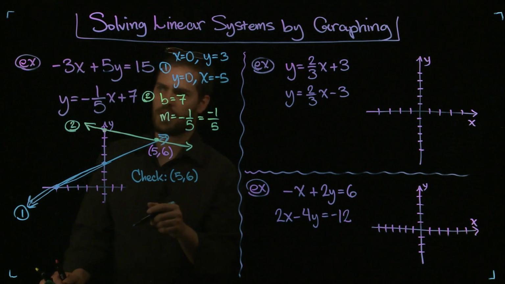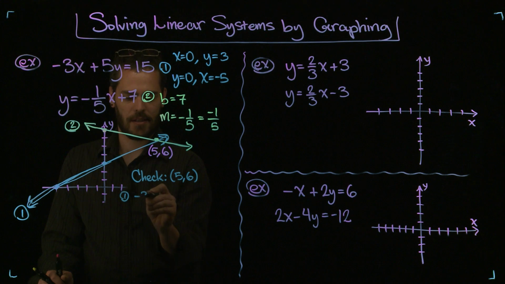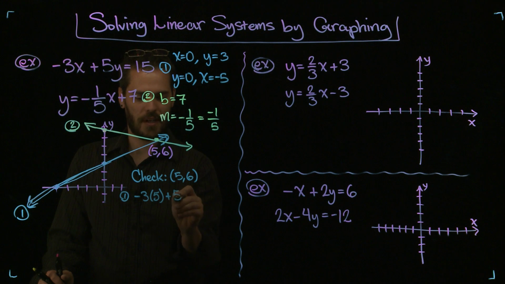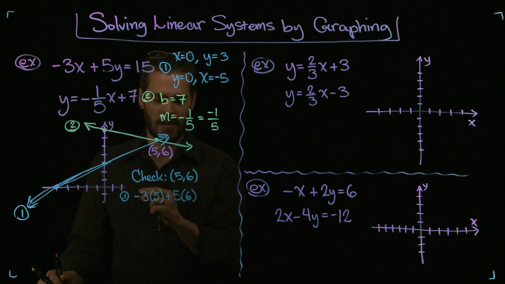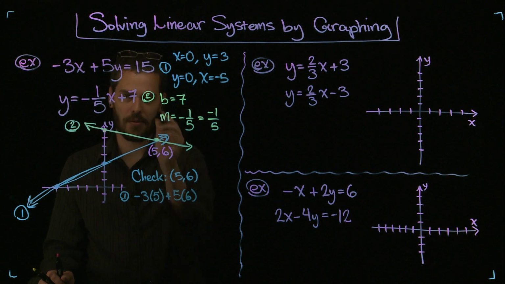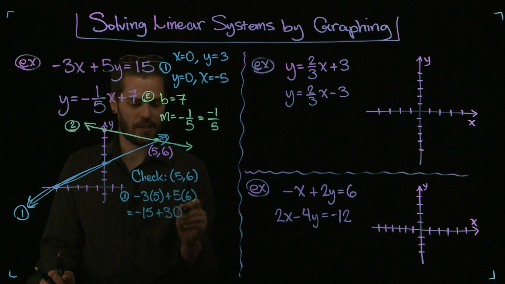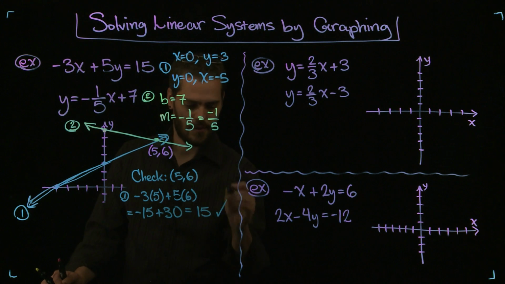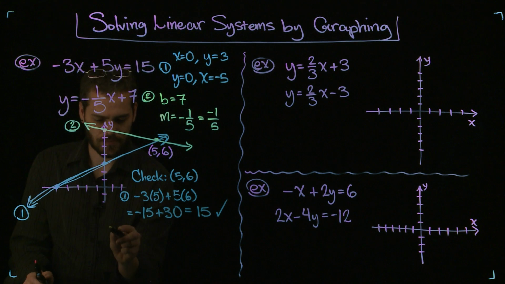So start with equation number 1. This would tell me then that I've got negative 3 times 5 plus 5 times 6, and if that comes out to 15, then I'm at least on the right track, but remember, it's got to work for both equations. So this comes out to negative 15 plus 30, which is positive 15. Indeed, that one checks out. All right. Now check equation number 2.